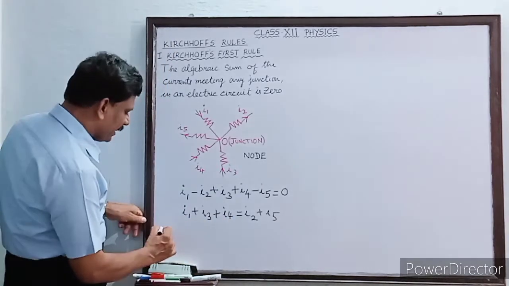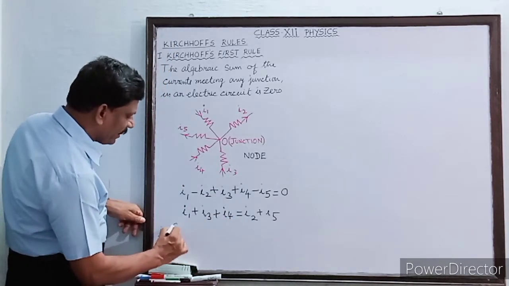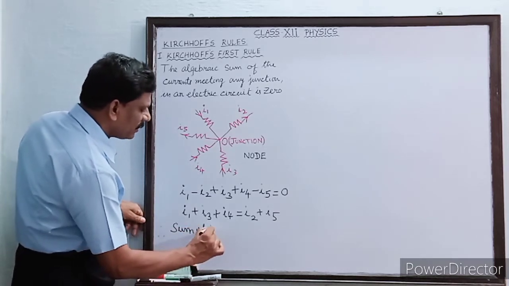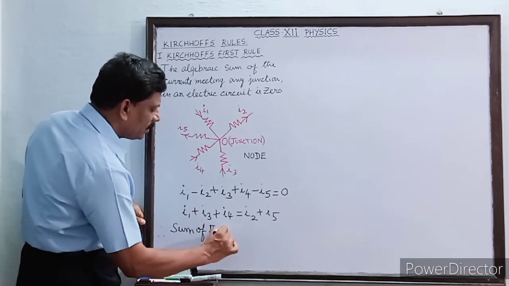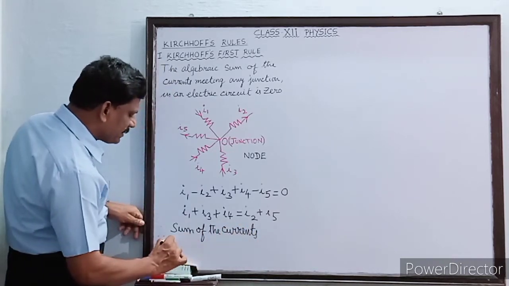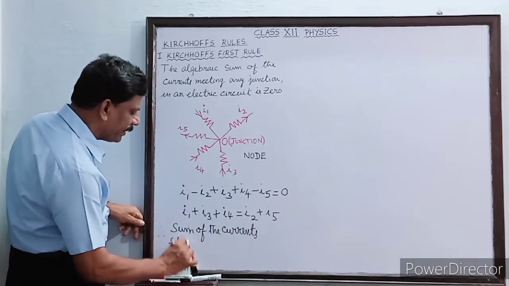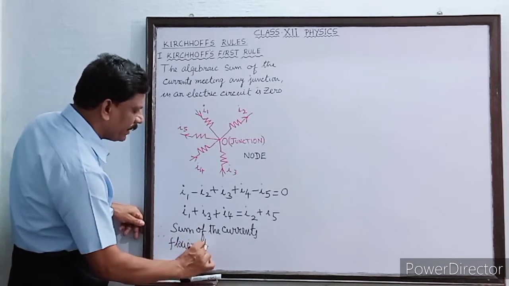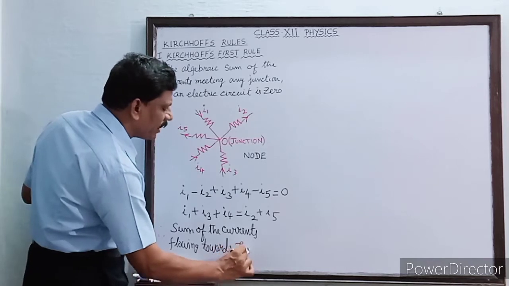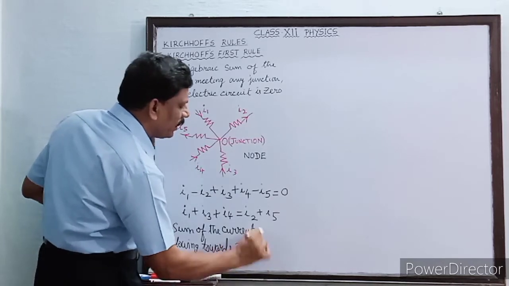So I can write, therefore, sum of the currents flowing towards the junction is equal to what?